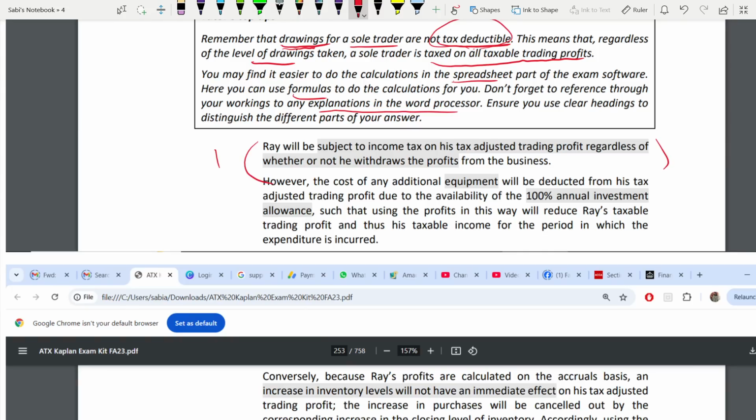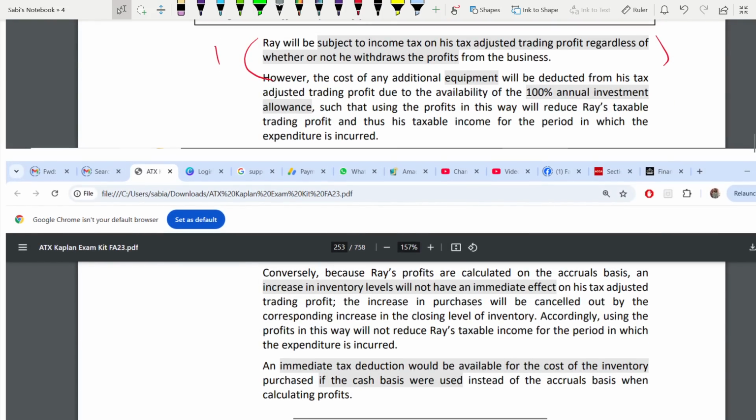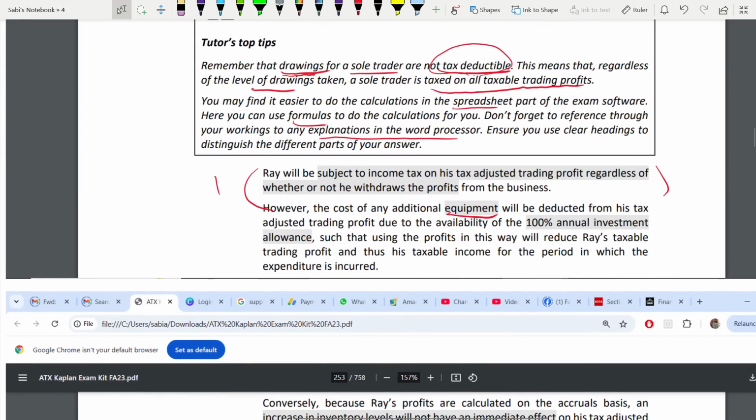Then we'll come to equipment and inventory level. The second paragraph is about equipment. The third one is about inventory. And the next one you are talking about cash basis and accrual basis. You need this information in your answer. So four things: whether withdrawing profit is going to have an impact, then equipment, then inventory, and cash or accrual basis.